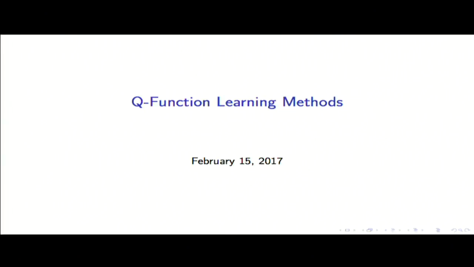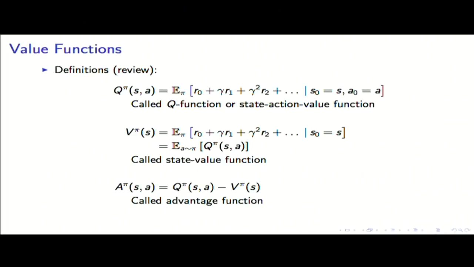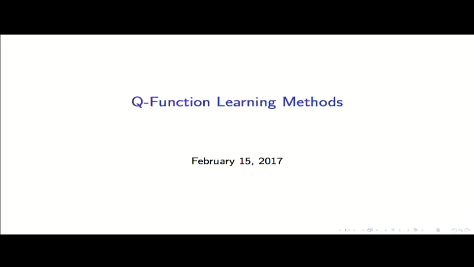So if you completely know all the transition probabilities, you can apply these two algorithms. They also only work when you have a finite state and action space. Then last class we talked about policy gradient methods where you don't have to know what the transition probabilities are, so you can apply it in a more general situation.